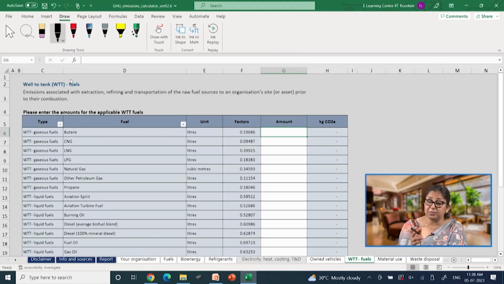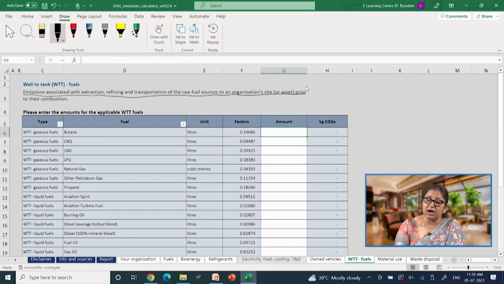There are other companies which are only distributors, they purchase the fuel in between, not from well to tank, but from the storage unit to the tank of the vehicle. So, here we are talking about the emissions that are associated with extraction, refining and transportation of the fuel resources to an organization site. So, that is what we are talking about.